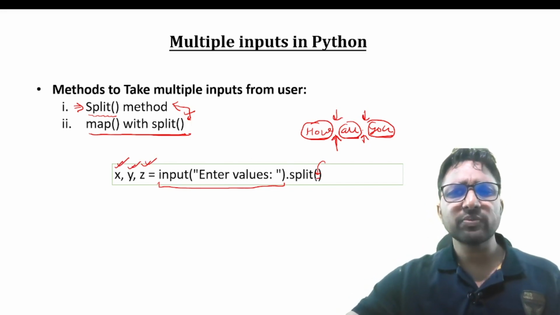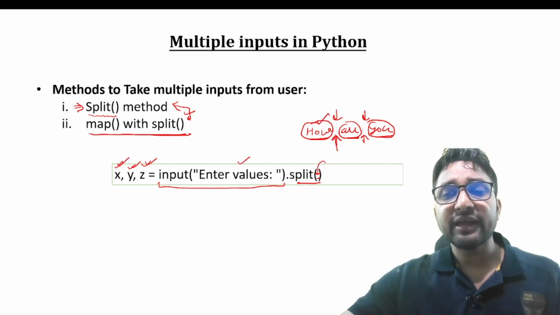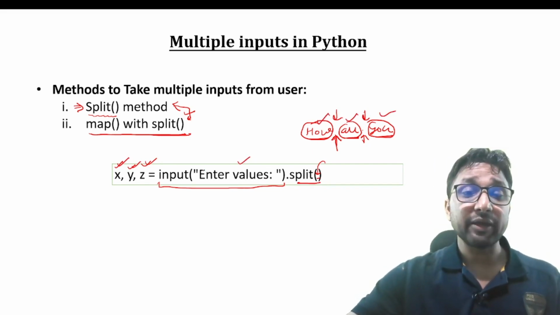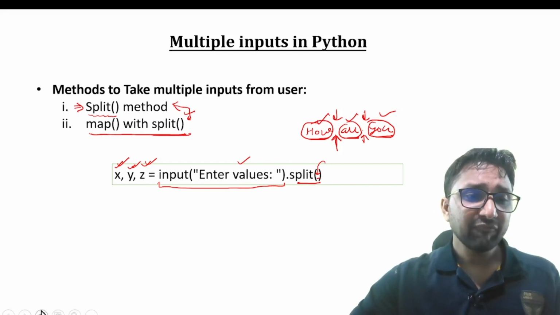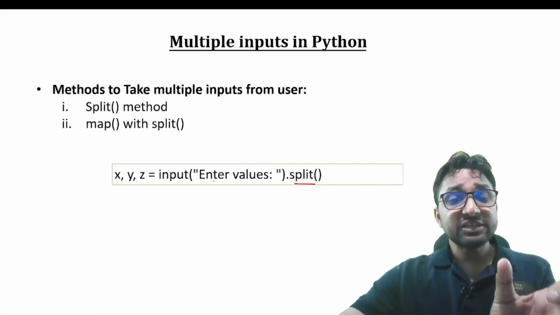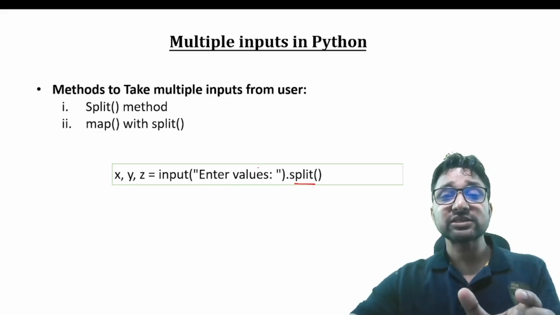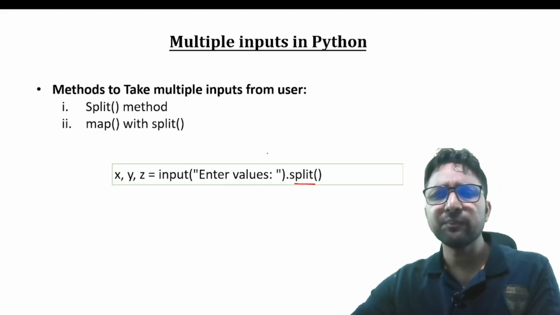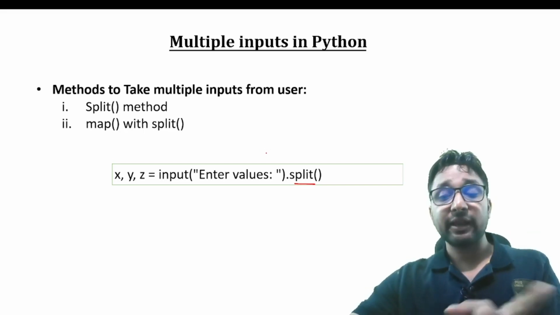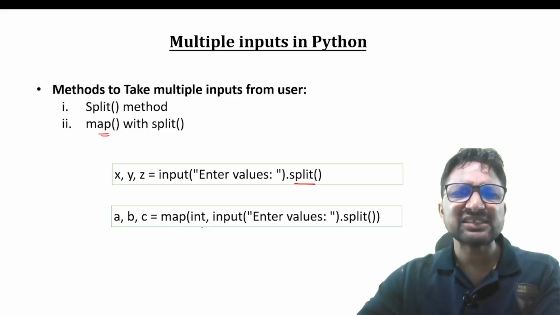That's it. So just add the split function with the input, and we can give multiple inputs by using split. Here, with split, we are still taking the input as a string only. If we want to take the input in another data type, for example integer or float, we can use the map function.